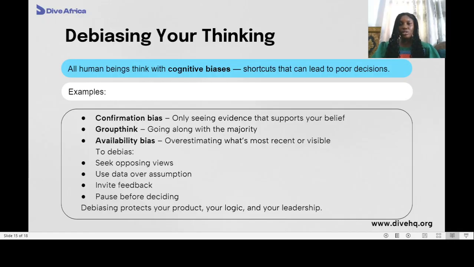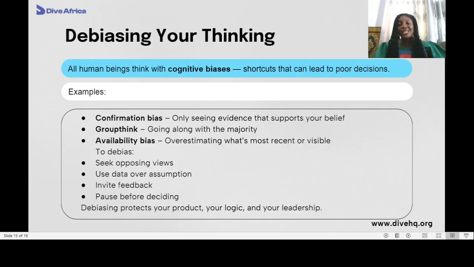Moving forward, de-biasing will help you make better decisions. Humans have biases or mental shortcuts that lead to poor decisions, but critical thinking skills will help you stop and check yourself. Are we doing the right thing? This helps avoid conflicts.